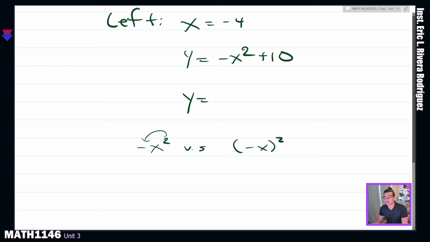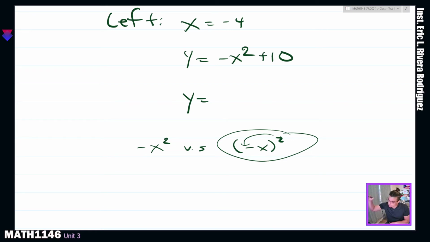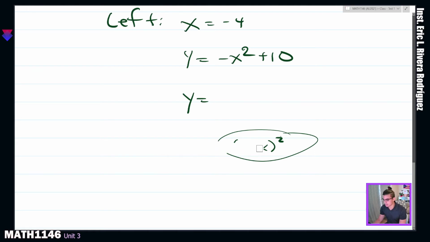So we cannot assume that, and we just need to go with the 2 only applying to the x variable, not to the negative. If we had parentheses, that is different, because now it is explicit that the 2 also applies to the negative, because everything enclosed within those parentheses has 2 as the exponent. All right, so be careful with that. This is a very common mistake, and it will cause you a lot of trouble.